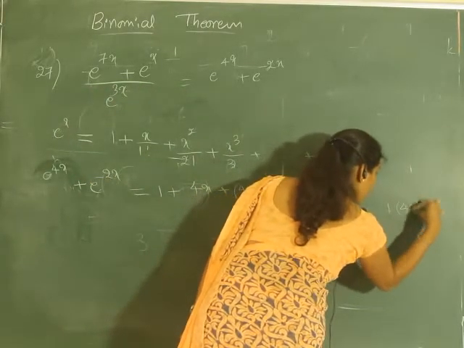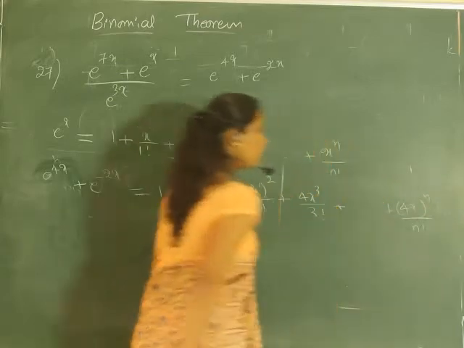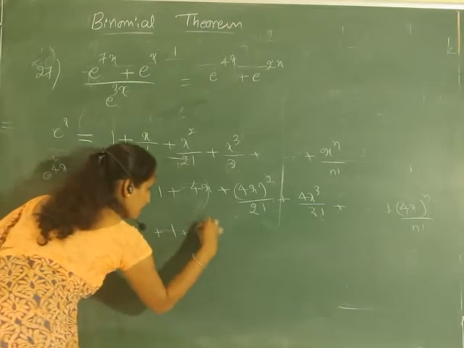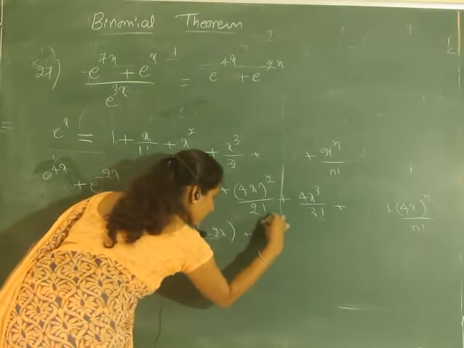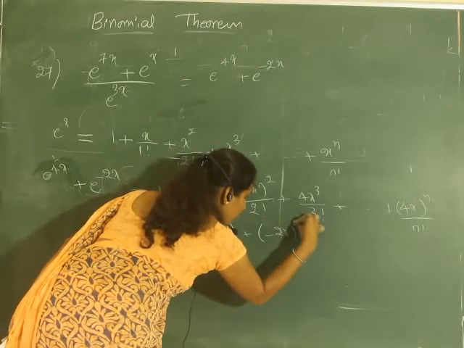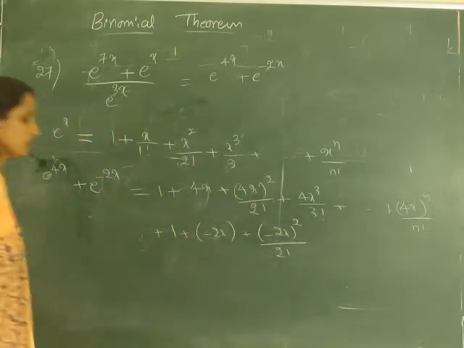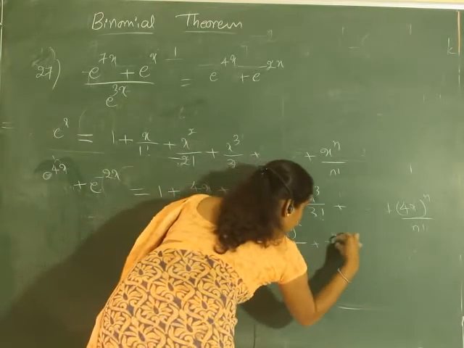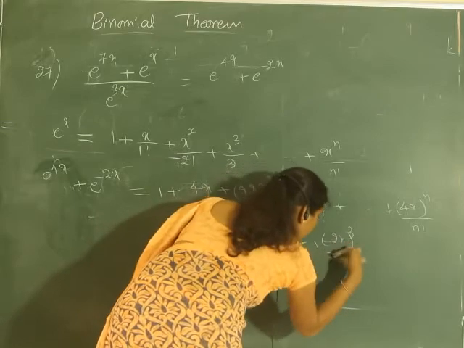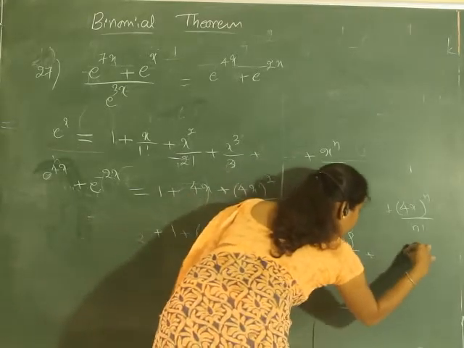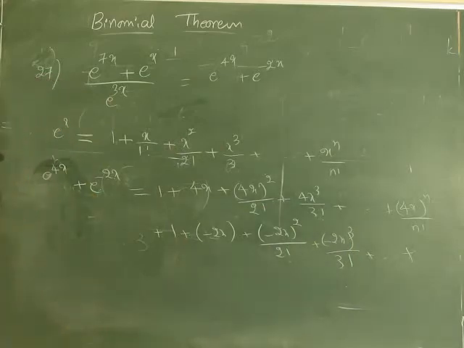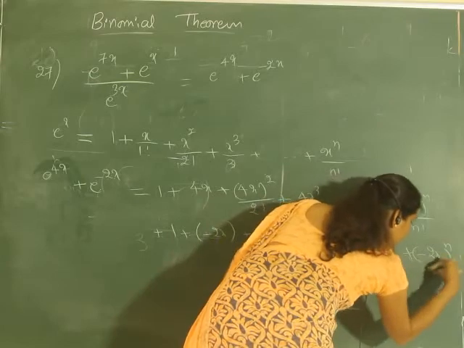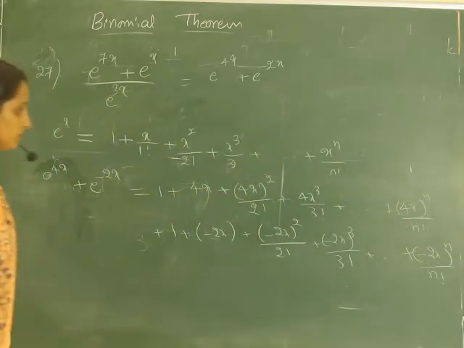4x to the power n factorial. So first term 1 plus minus 2x plus minus 2x square by 2 factorial, plus minus 2x cube by 3 factorial, and so on up to minus 2x to the power n factorial.